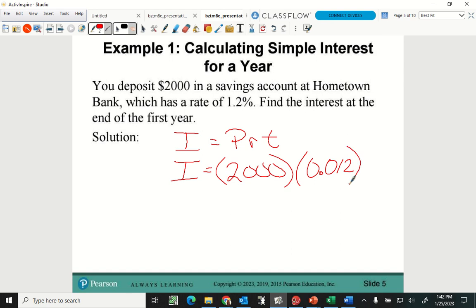And how many years is the time? 1 year, right? After 1 year. This formula always goes by years. That's important. That's years. And I'm going to tell you how to do it if we're doing non-whole years. So right here, this is going to be 1.